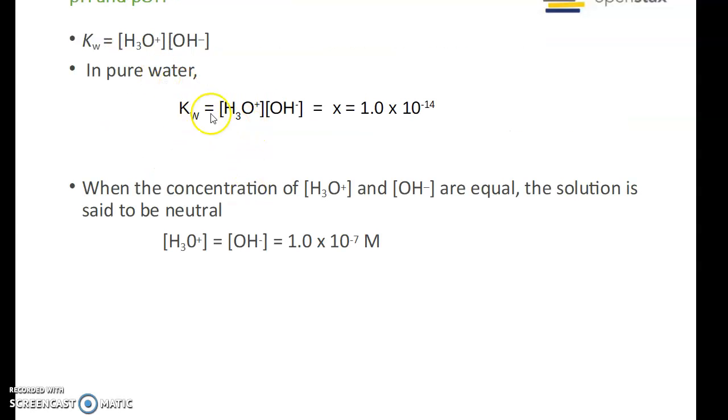So in pure water, this concentration times this concentration should be x squared, because you have one concentration here, one concentration here. So these two are equal, okay? The square root of this number is 1 times 10 to the minus 7th. Okay? So whatever one is, the other one is. And so in pure water, x squared equals 1.0 times 10 to the minus 14th.